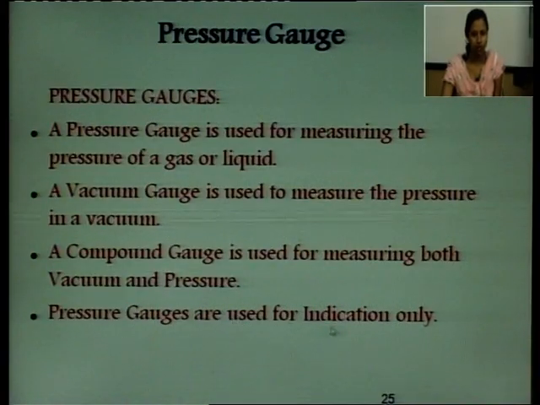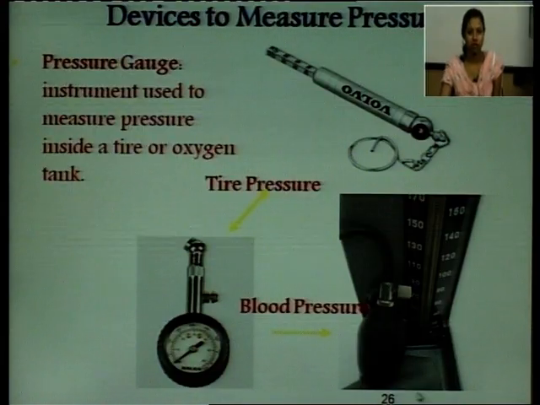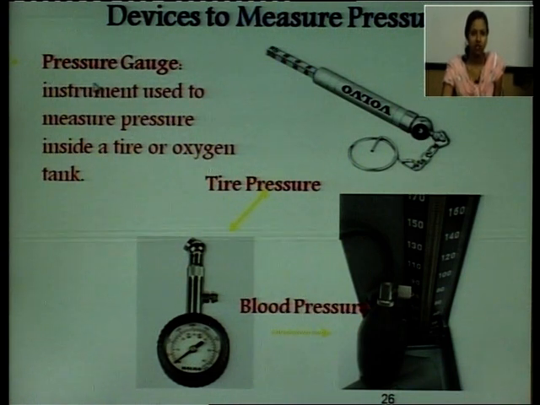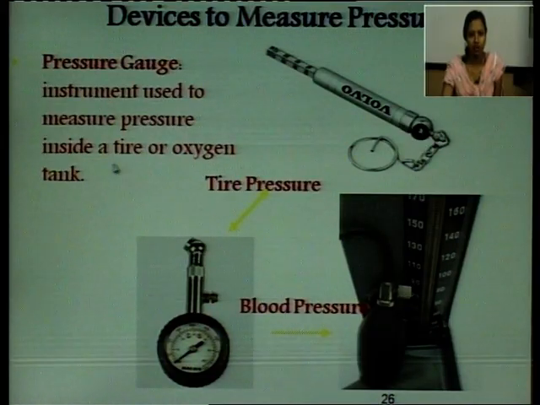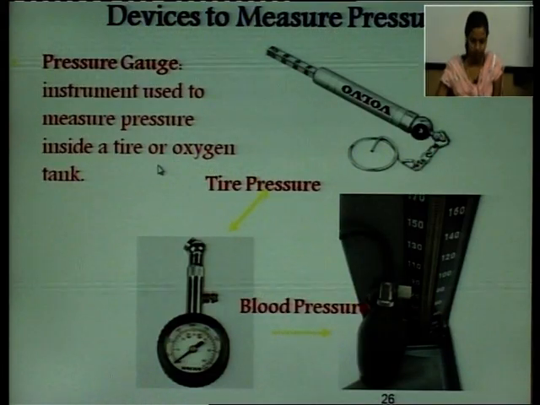Pressure gauges are used for indication only. Here I have shown some examples: this is the instrument used for the measurement of blood pressure, and this is used for tire pressure. A pressure gauge is an instrument used to measure pressure inside a tire or oxygen tank.